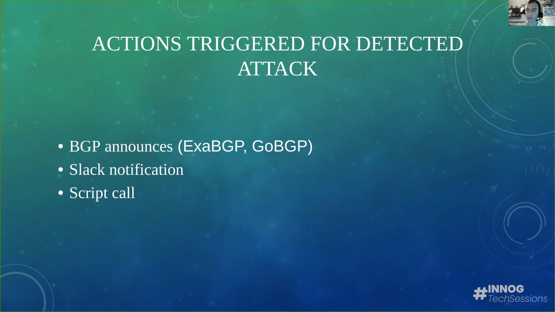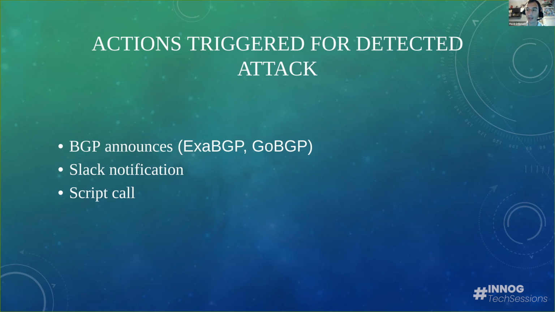In addition, if you need to integrate your DDoS detection pipeline into something existing, we support script calls. Script calls provide all basic information about the attack, like target of attack, direction of attack, protocol of attack, and the power of attack, how many packets and how many gigabits we have for this particular attack.